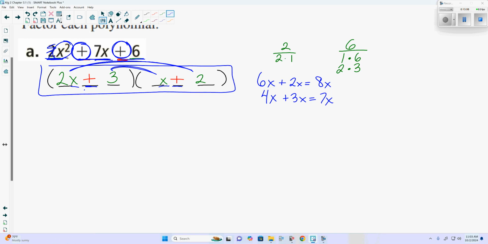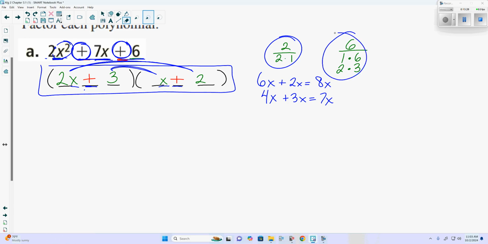What are the factors of 2? What two numbers multiply together to give me 2? So the numbers that go in front of x have to be 2 and 1. We just put them in one of the places.